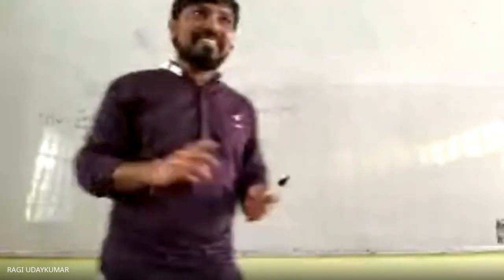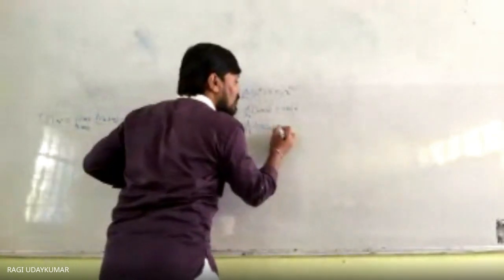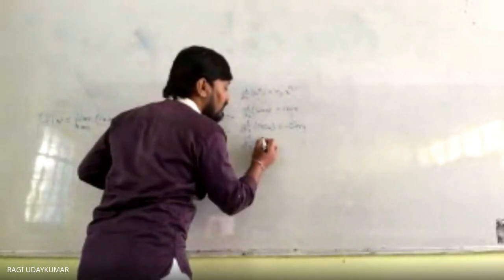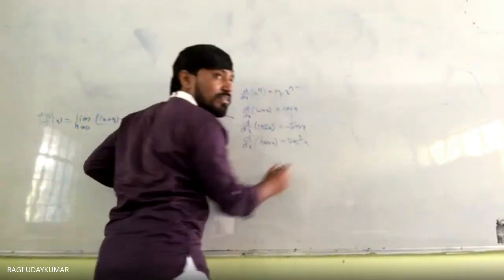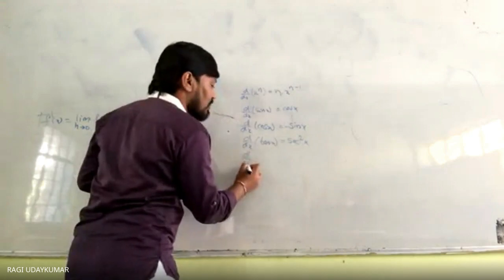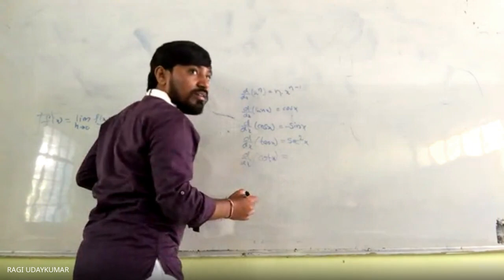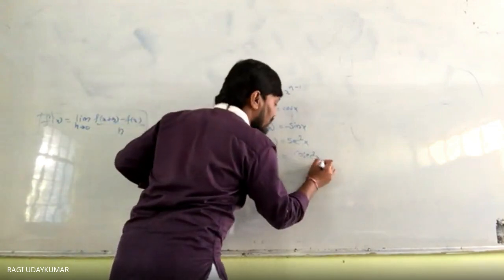Derivative of cot x is minus cosec square x.